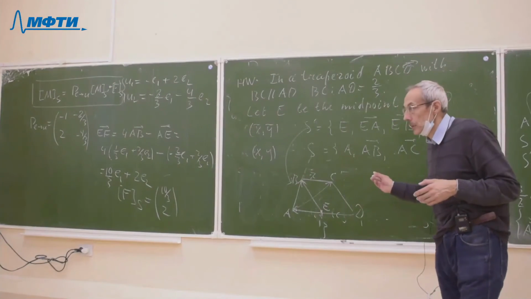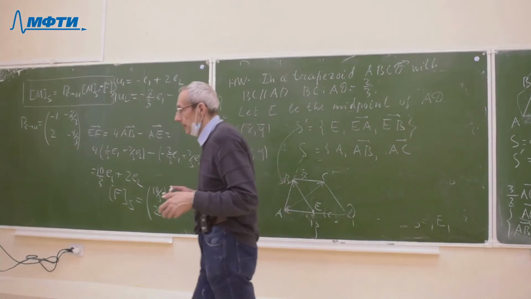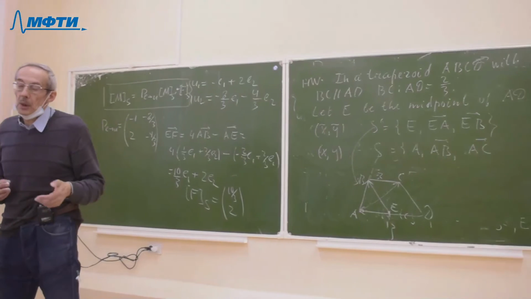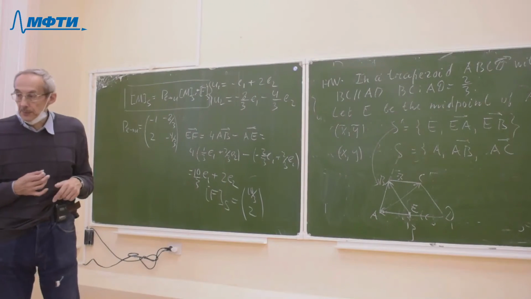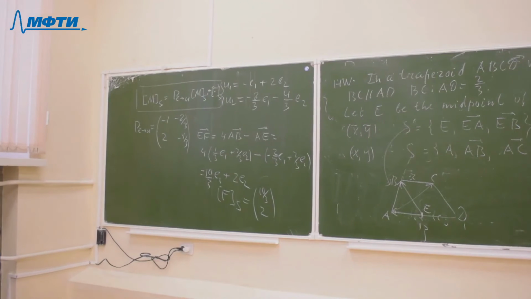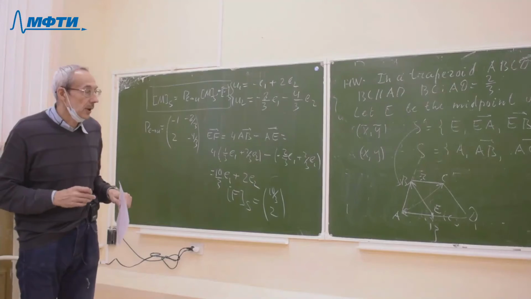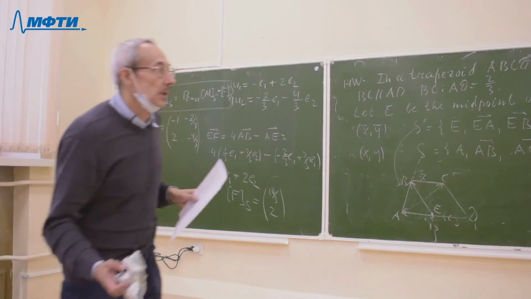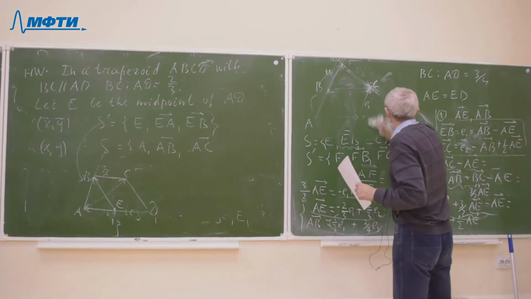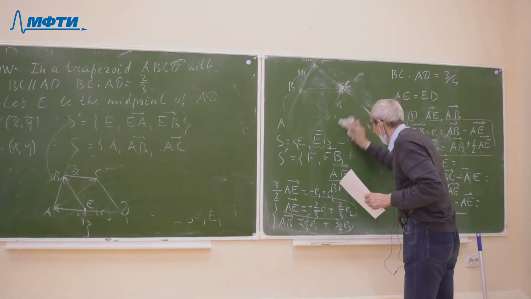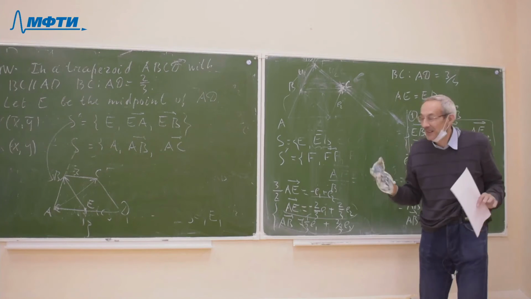In my opinion, this is the most simple of these problems. If you understand the solution of the previous problem, you can easily solve this more simple problem. After that, let's pass to the second part of our seminar, conic sections. Any question? Okay.